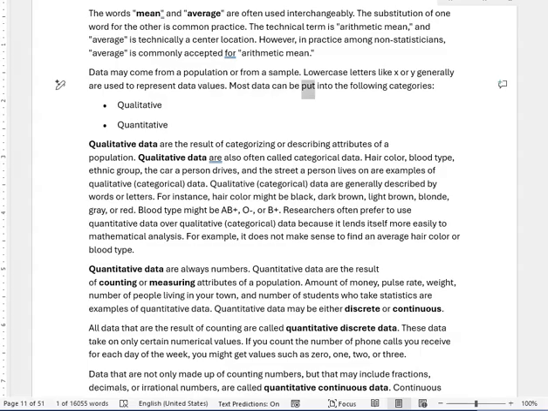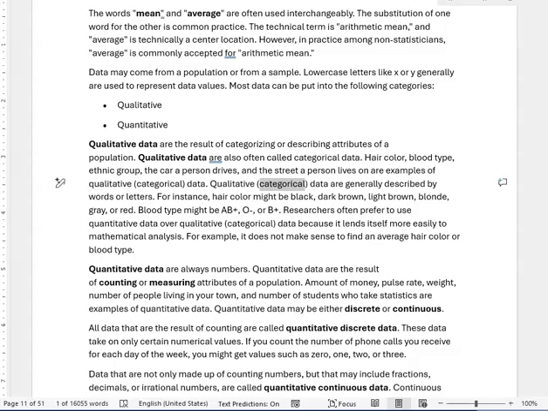Most data can be put into the following categories: qualitative, quantitative. Qualitative data are the result of categorizing or describing attributes of a population. Qualitative data are also often called categorical data. Hair color, blood type, ethnic group, the car a person drives, and the street a person lives on are examples of qualitative, categorical data.